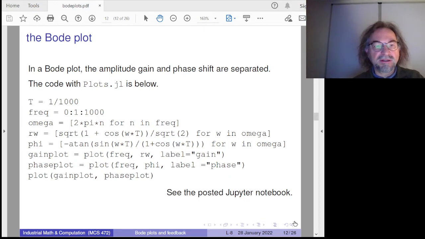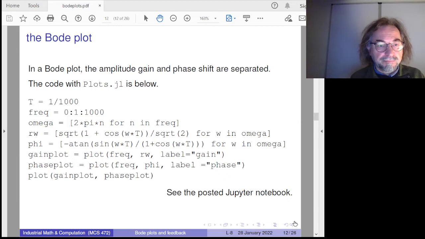You can see the frequency range from 0 to 1000 in steps of 1. The 1 might not have been necessary, but just for the sake of clarity. Then the omega has as independent variable the frequency. What we actually want to see is the amplitude gain and the phase shift whenever the independent variable is changing.